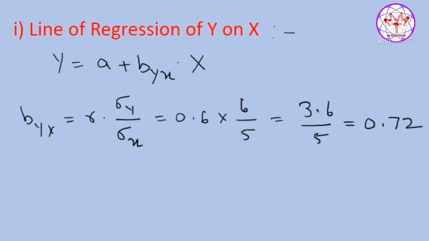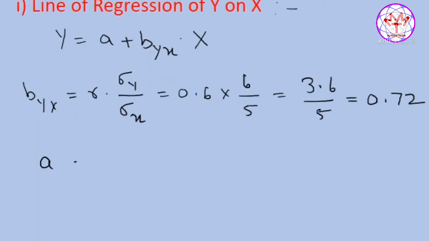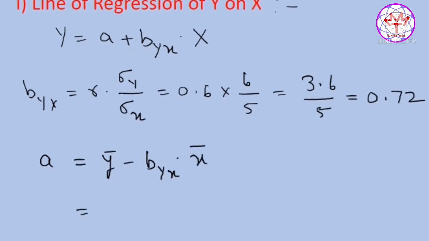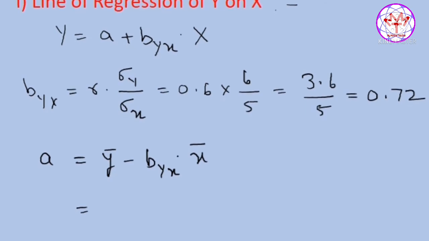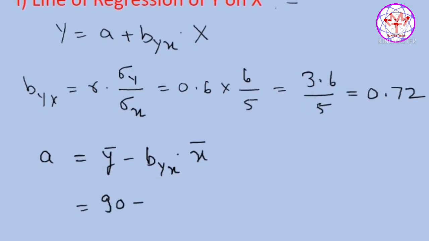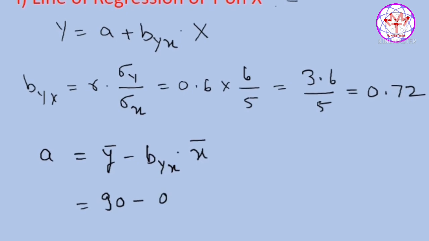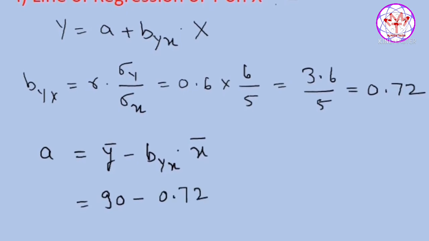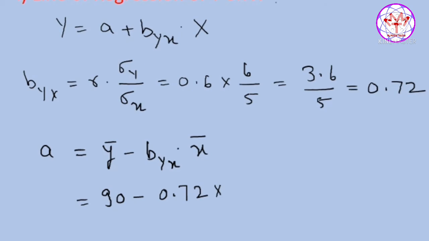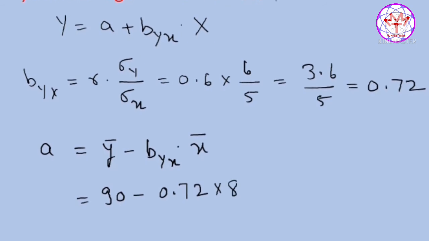Then we'll find a. a is equal to y bar minus byx into x bar. So we will substitute the values. y bar is given as 90 minus byx we have calculated, 0.72, into x bar. x bar is 85.